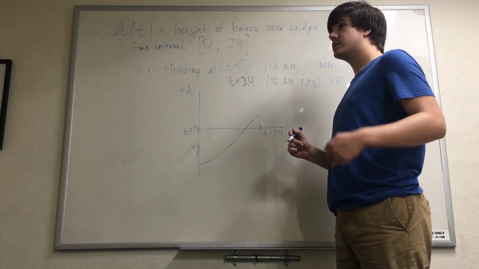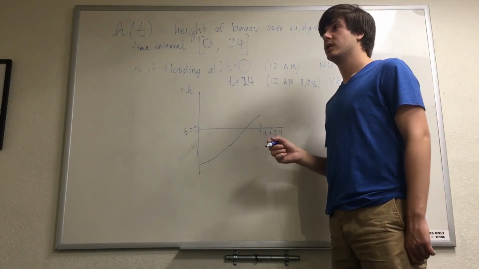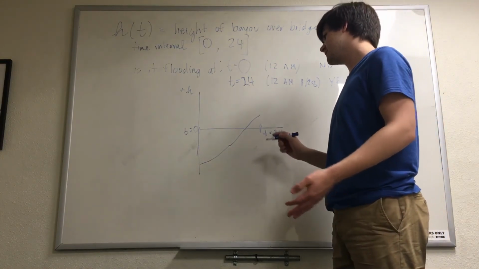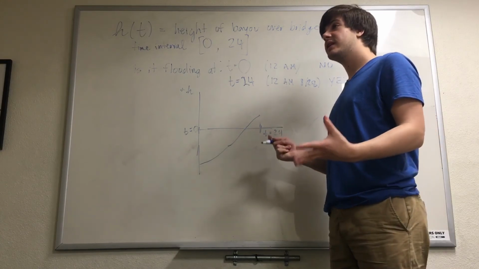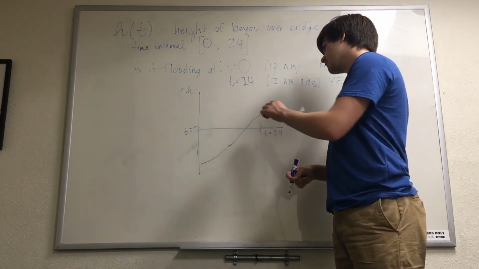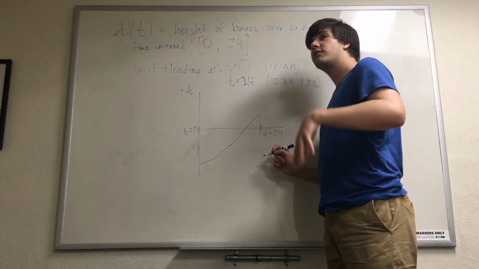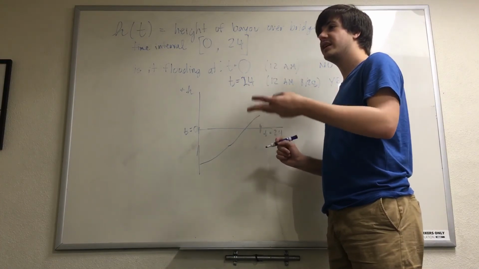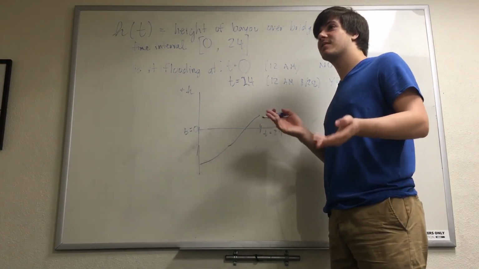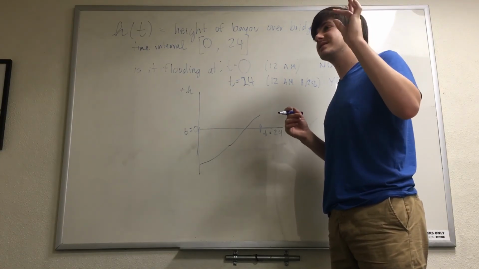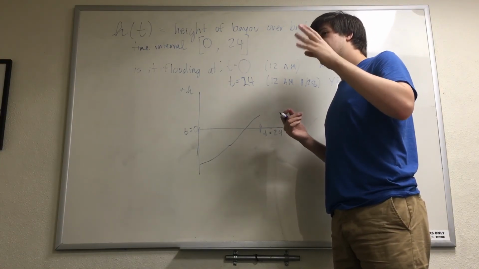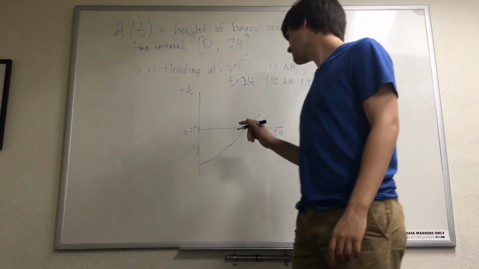Alright, so let's apply bisection. What bisection tells us to do is to keep cutting in half until we reach an interval where the actual height above or below flooding is not really that noticeable, like until it's within some tolerance, some change of distance.